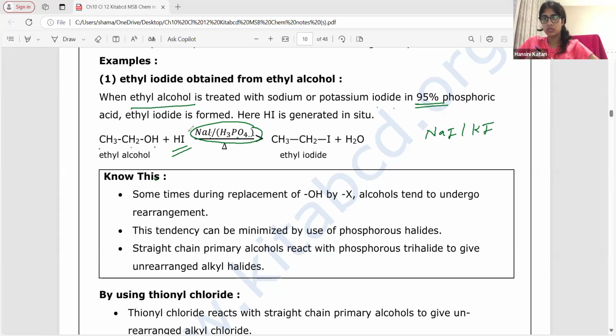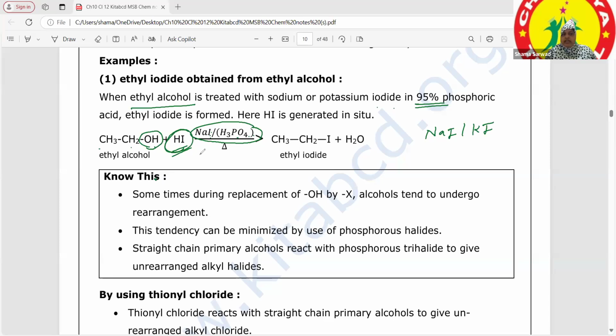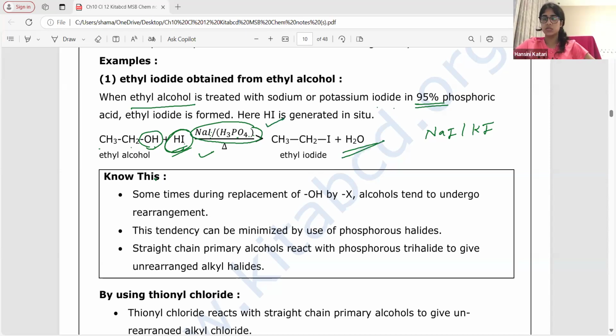Our concern is this halogen acid, HX. Now, ethyl alcohol is there, and this OH should be replaced with iodine. This HI is prepared in situ, as we prepared earlier with NaBr and H2SO4 reacting together. In the same manner it happens. OH would be replaced by I, and this OH and H would form a water molecule. Exactly the same reaction, only the reagent is changed.